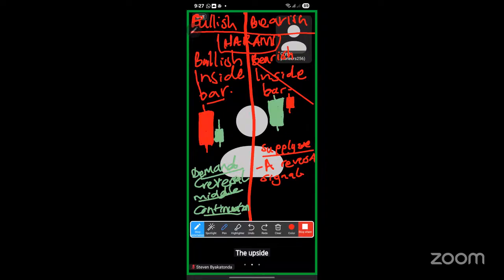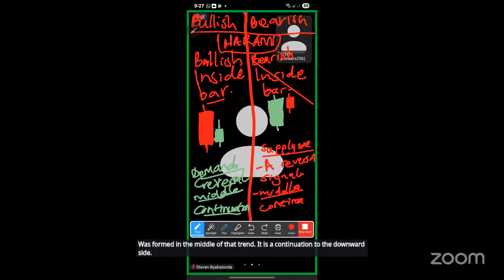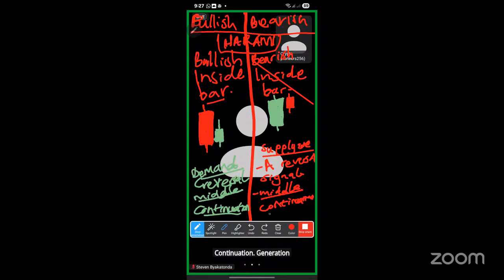We're going to go to the chart and I show you this. And once formed in the middle of the trend, it is a continuation to the downward side. Okay. All right.